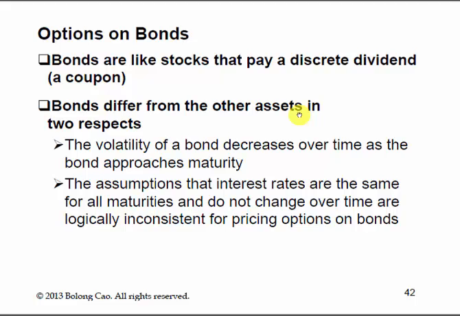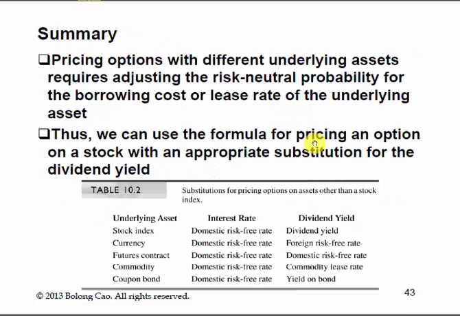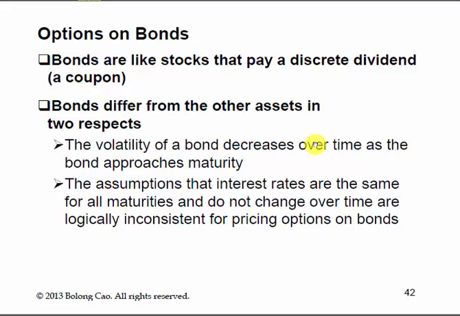However, for a bond, the price really depends on the market interest rate, and the interest rate changes all the time. So the interest rate applied to the bonds should change over the calculation. So it's difficult. Okay. So using the binomial formula to price options on bonds can be difficult.